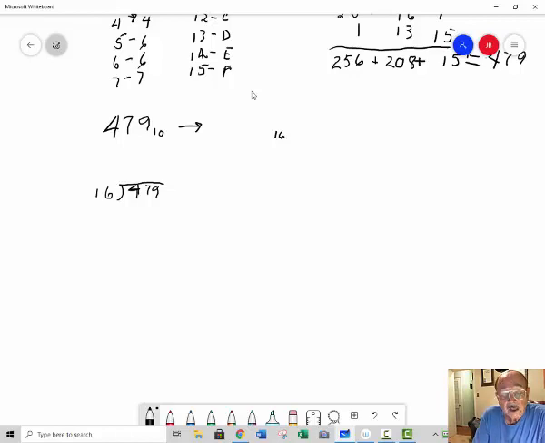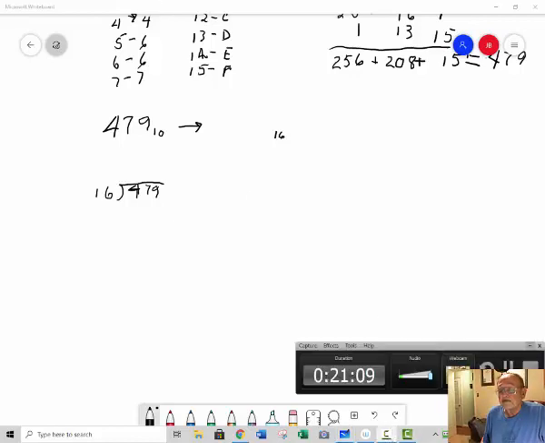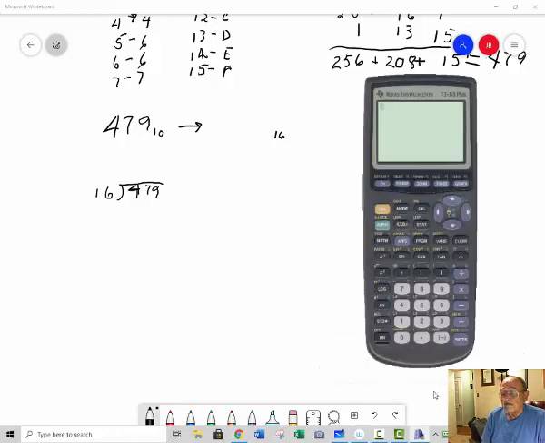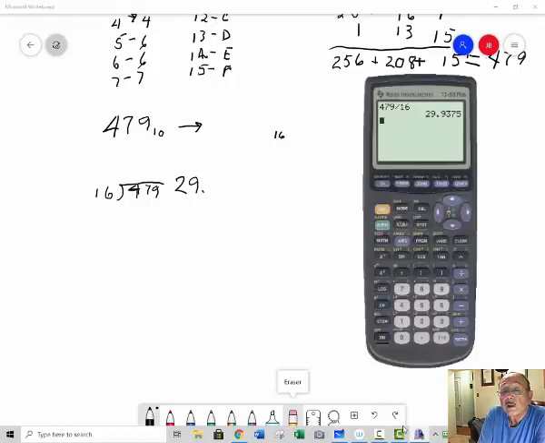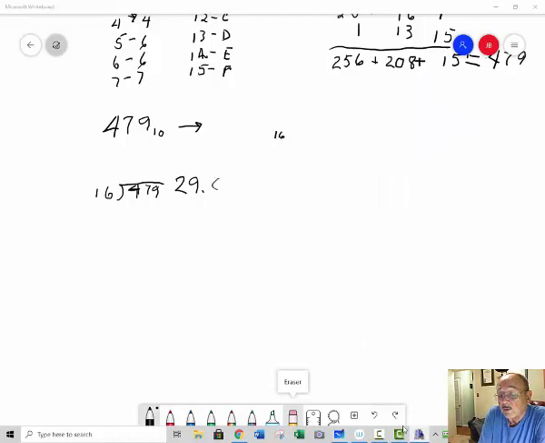Now on your calculator, if I take 479 and divide it by 16, I will get 29 point 9375.